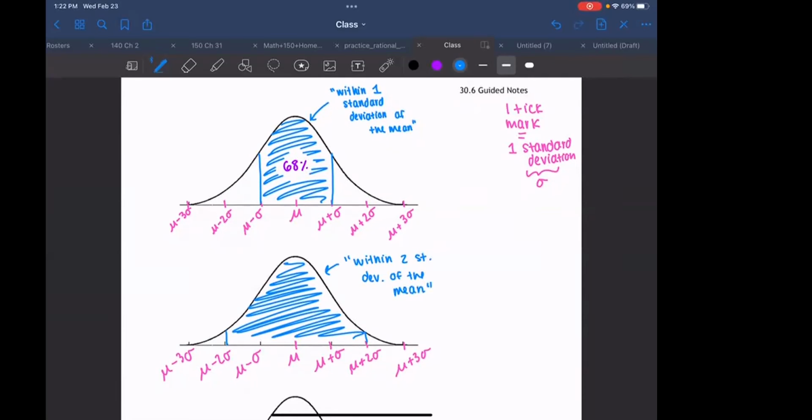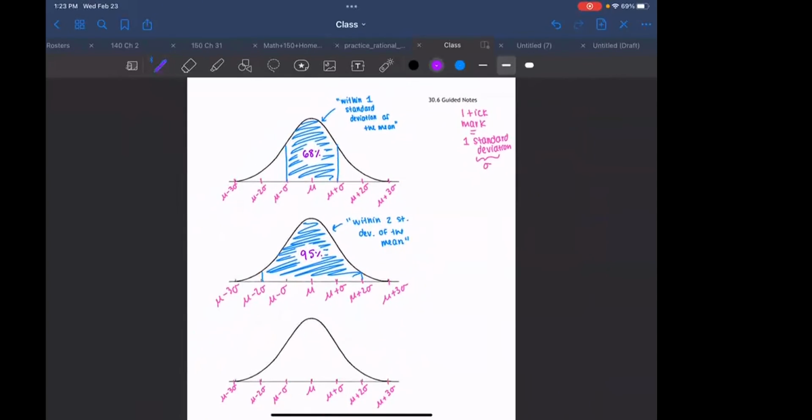Statisticians do a lot of work with this too, and they've figured out that 95% of the information is between -2 standard deviations of the mean and +2 standard deviations of the mean. Okay. So we got 68, 95, sorry.